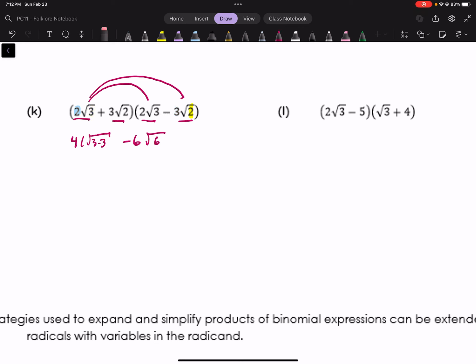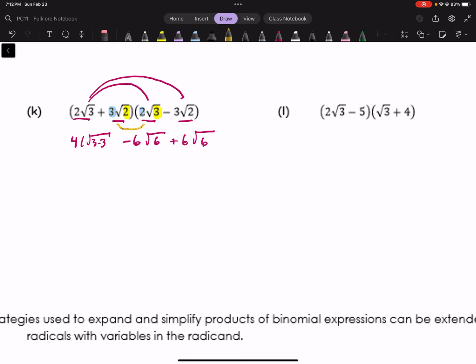Now I'm just going to go on to my gold multiplications. This term times this term. So I'm going to multiply my coefficients, positive 3 times 2, so I'm going to be adding 6. And my radicands are 2 and 3, and that creates a radicand of 6.